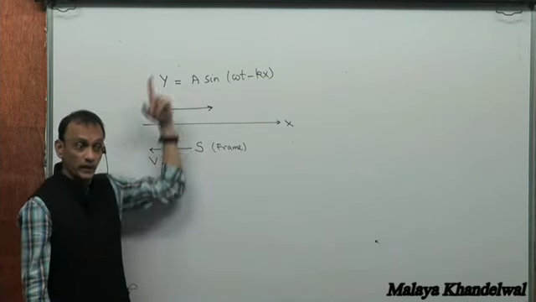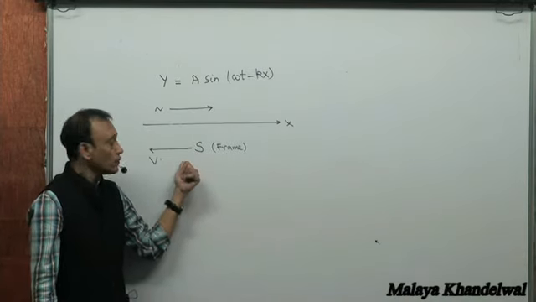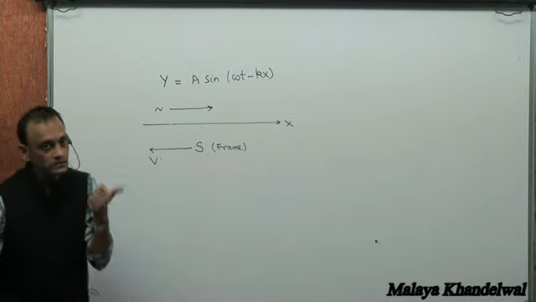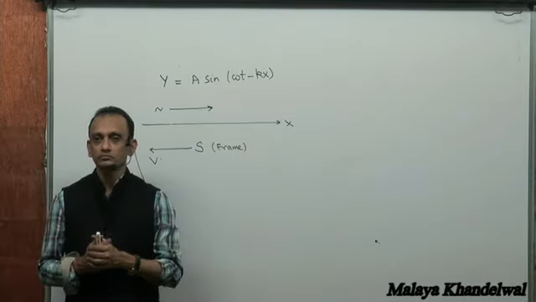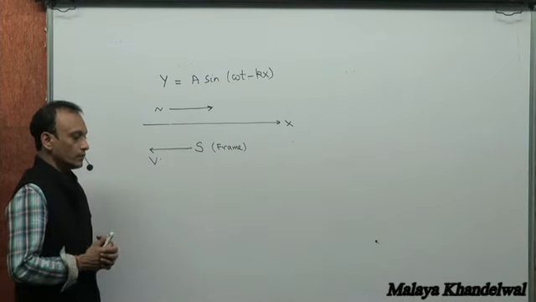I want to write the wave equation in a frame of reference attached to S, which is moving with a velocity v along the negative x-axis, right? This is what I want to be able to do.